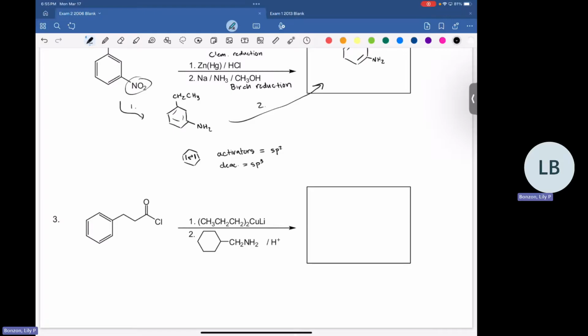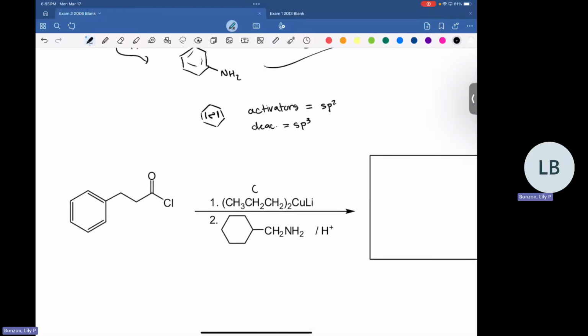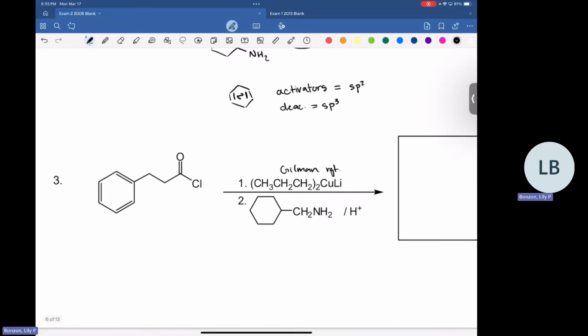All right, so this first reaction, this is what's called the Gilman reagent. What this one does is it replaces that chlorine on that acyl chloride with one equivalent of the R group that's attached to that cuprate lithium reagent.